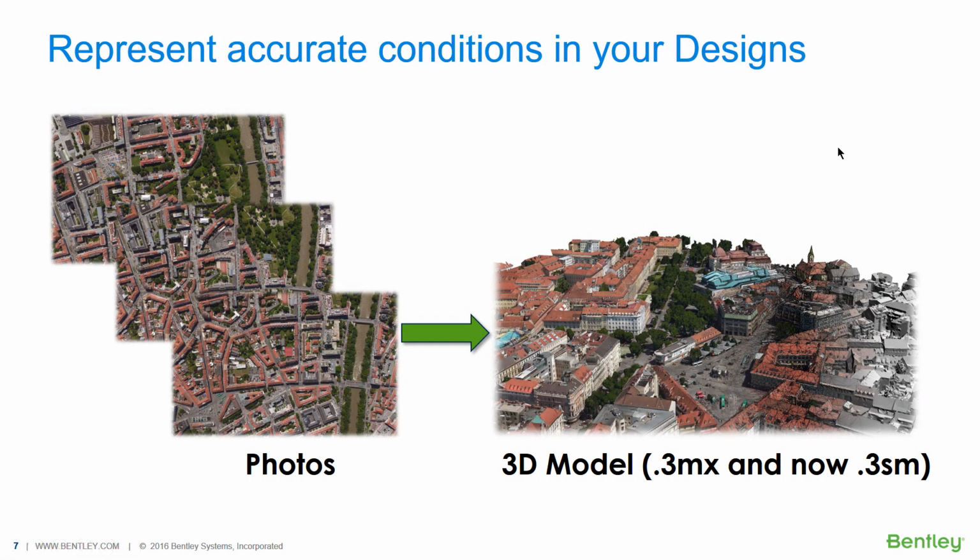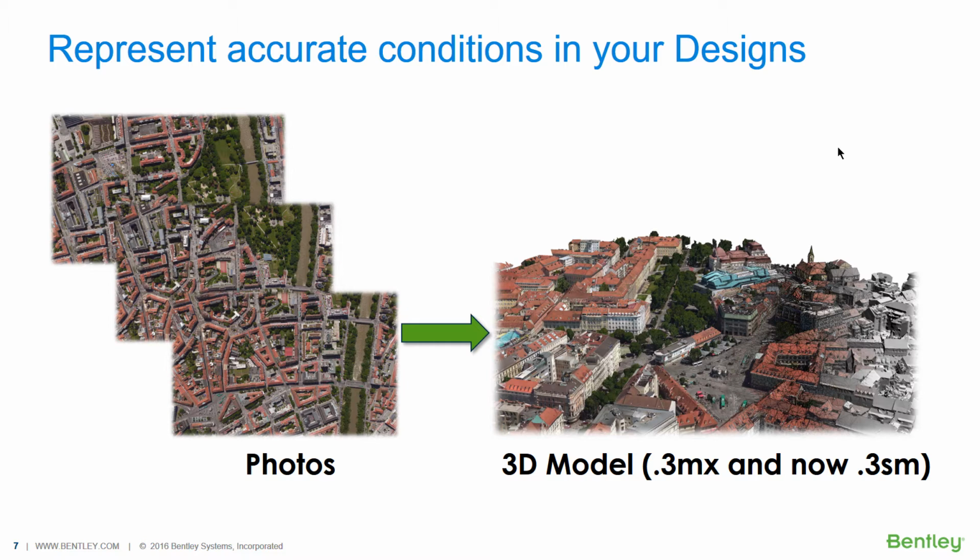This is going to save time and eliminate errors. So basically what we're trying to do here is provide an easy way for you to create a three-dimensional model of the place that you're going to be doing your design. And you can do this simply through digital photographs. So you can take photographs from a drone or from your camera, from an airplane, whatever it happens to be, and you can overlay them.